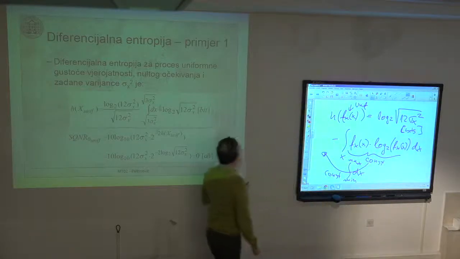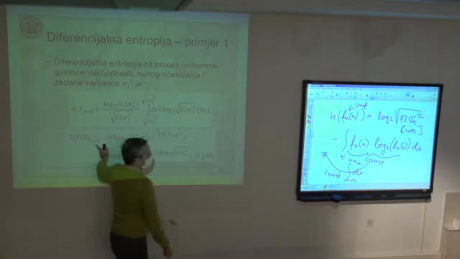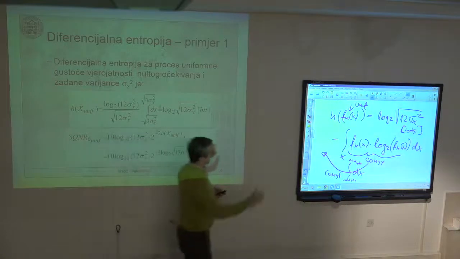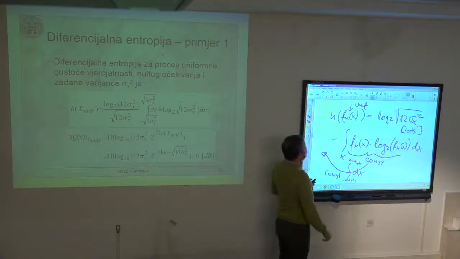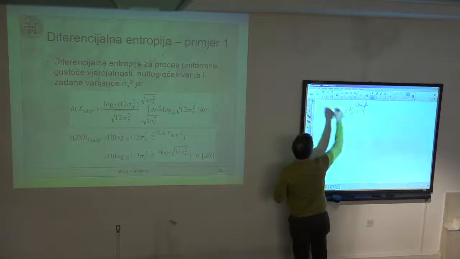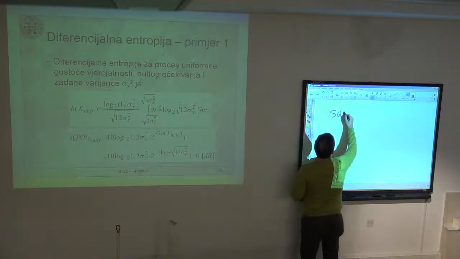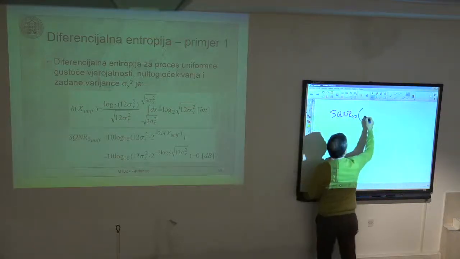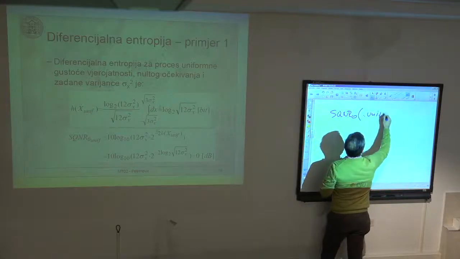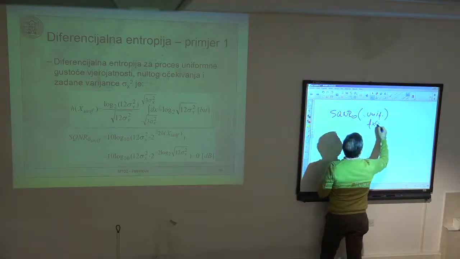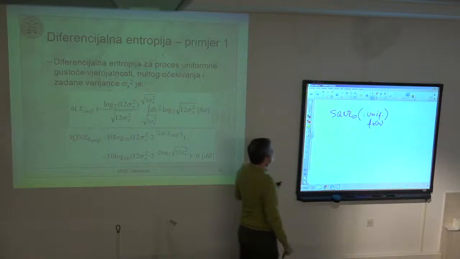Now that I have this differential entropy, I can find this S squared R 0, the offset of the rate distortion curve. So what is this S squared R 0 for the uniform process, for uniform f_X(x)?